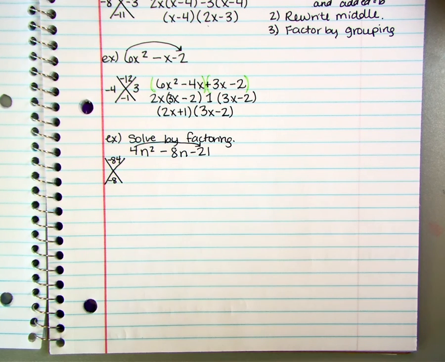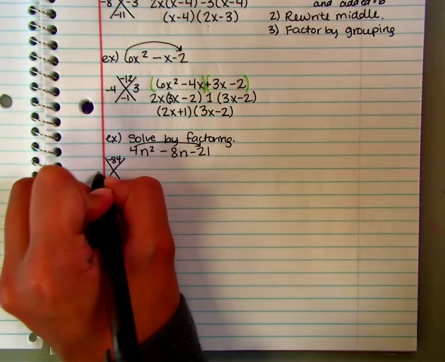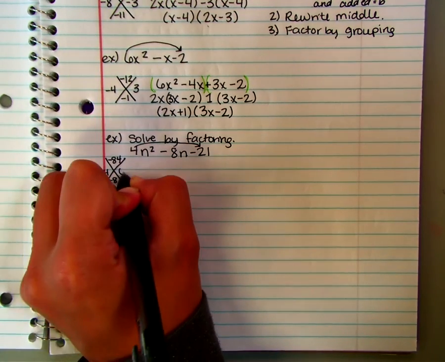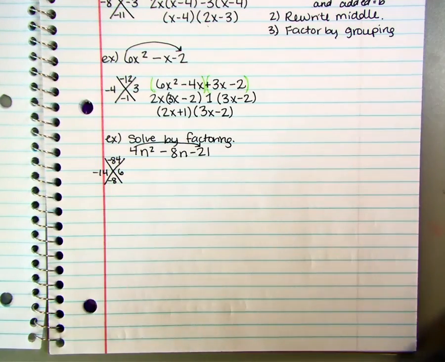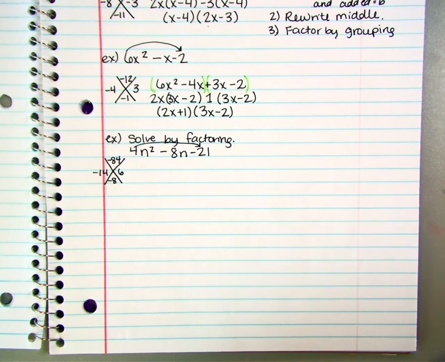Working backwards, 3 and 28. Let's see, 4 and 21. 5 wouldn't go in, 6 and 14. Oh, I think we just found it, so 6 and 14. Since that 8 is negative, we want the bigger number to be negative, so negative 14 and 6. Sometimes it just takes a little bit of trial and error and knowing your multiplication facts.